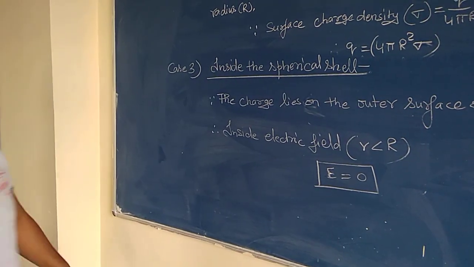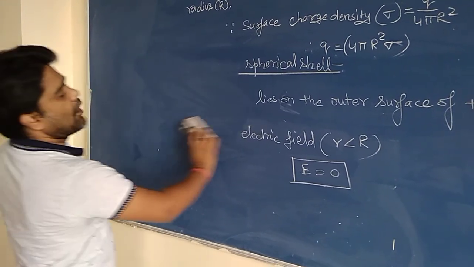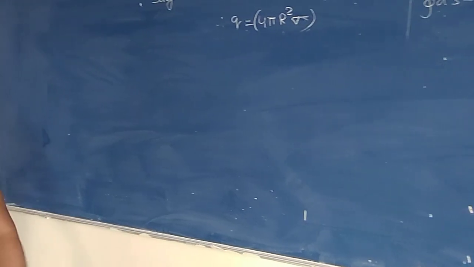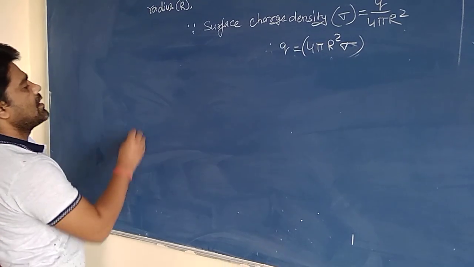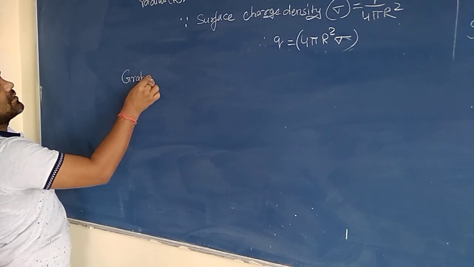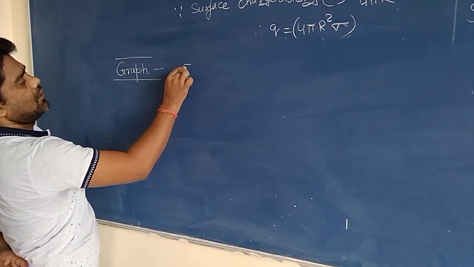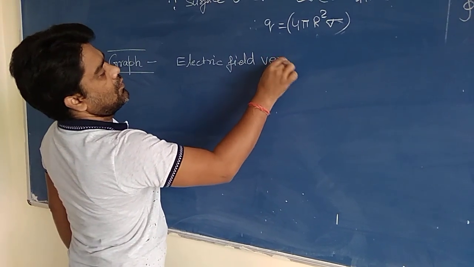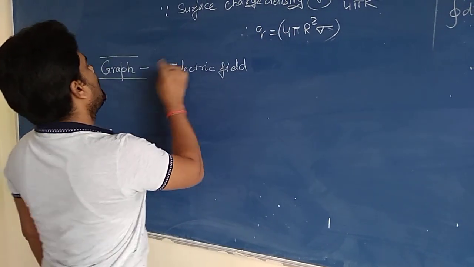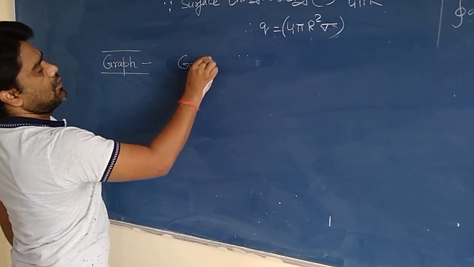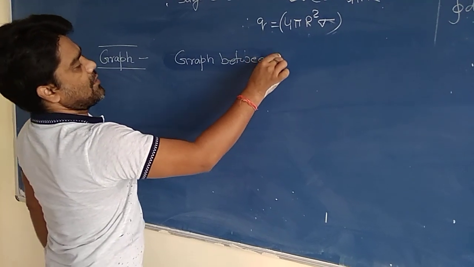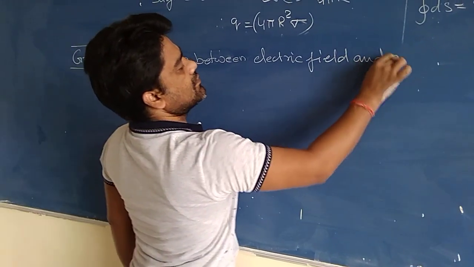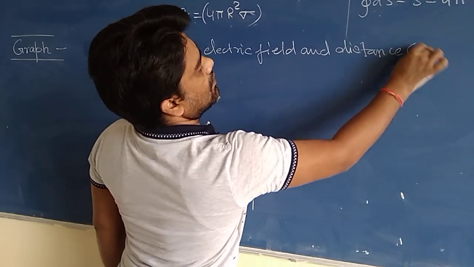So our next and last point of this derivation is to draw the graph between electric field and distance r.